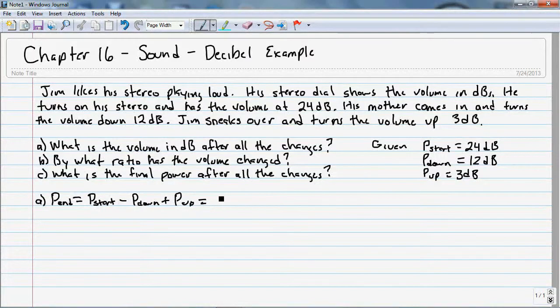So that's just equal to 24 decibels minus 12 decibels plus 3 decibels, and that gives us a total of 15 decibels.